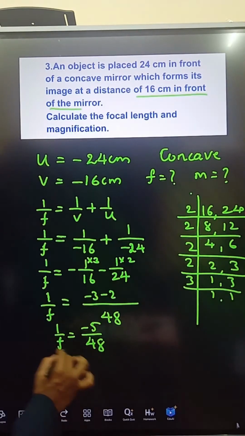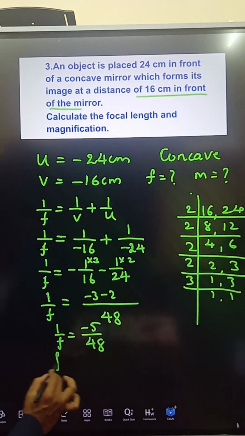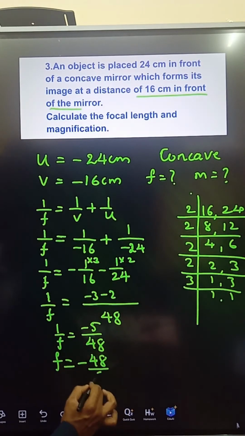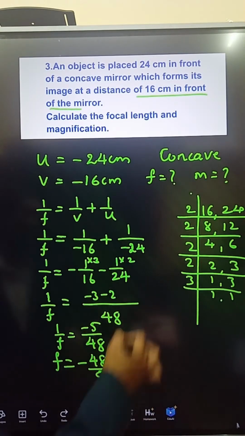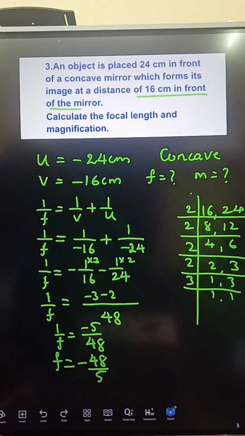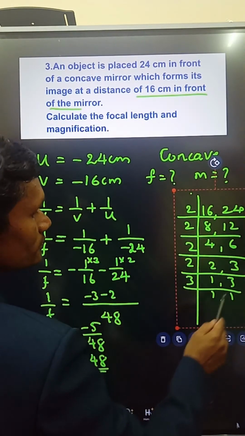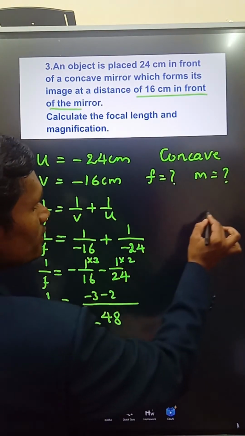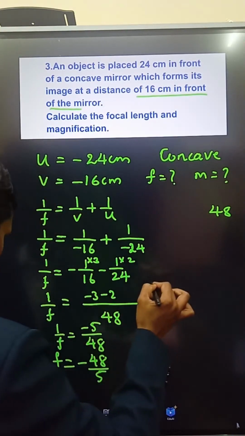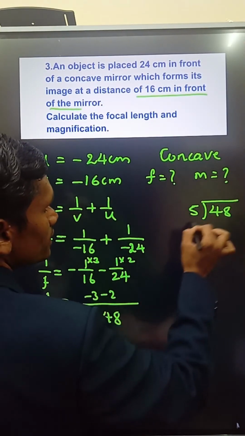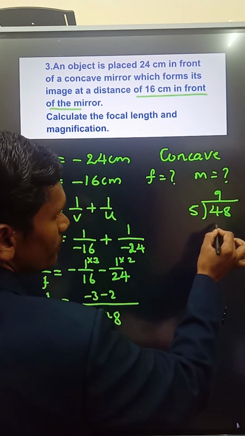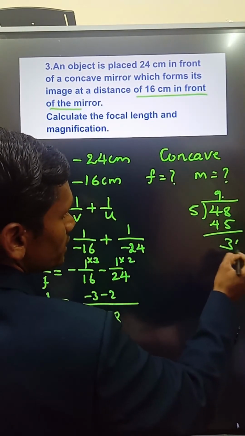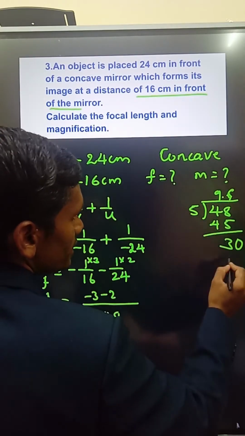Now if you want f from 1 by f, what can be done here? f is equal to minus 48 divided by 5. You divide 48 by 5. 5 nines are 45, 3 remains, 0.36, 5 sixes are 30.